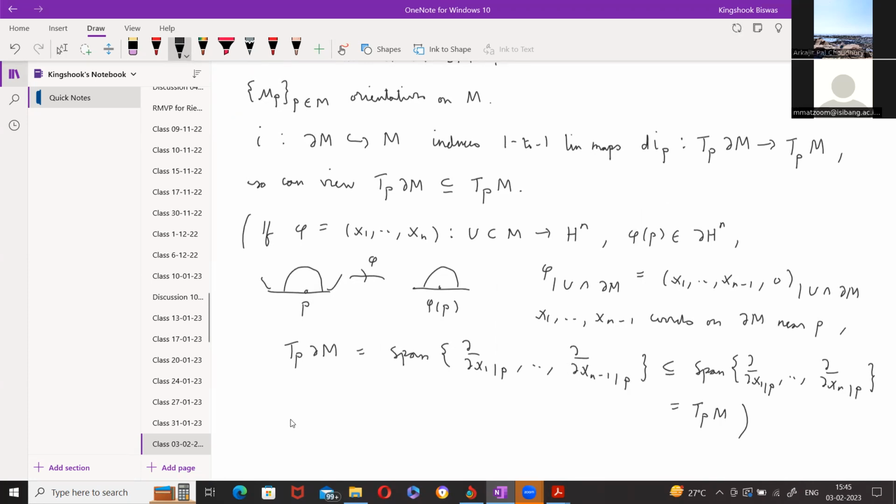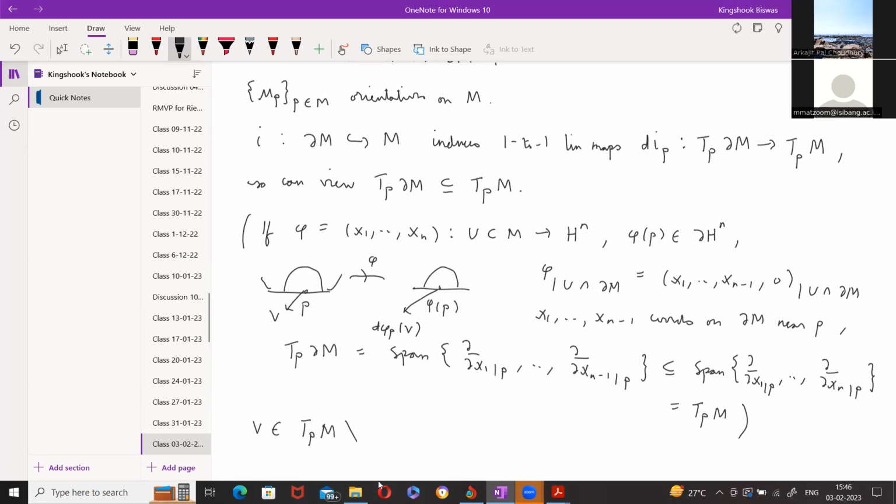Now if I have a tangent vector v at p in T_p M minus T_p boundary M, I say that this is an outward pointing vector if its image under the derivative of the chart d phi_p points out of the upper half space.